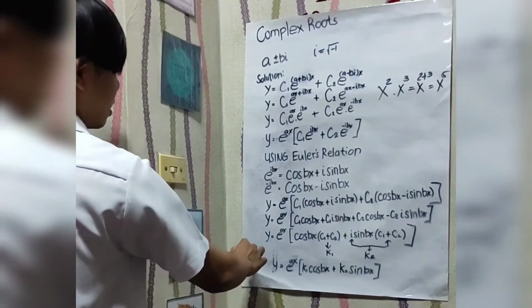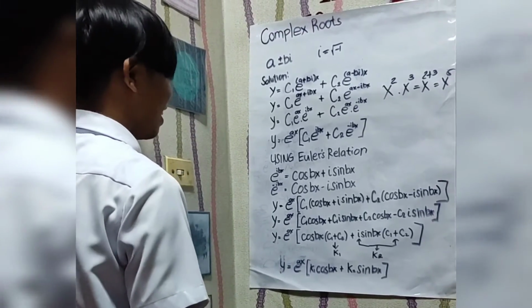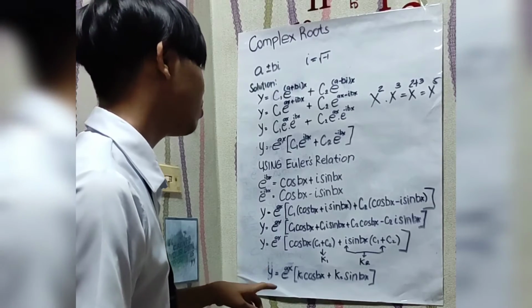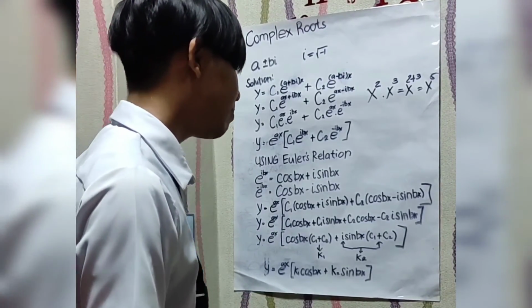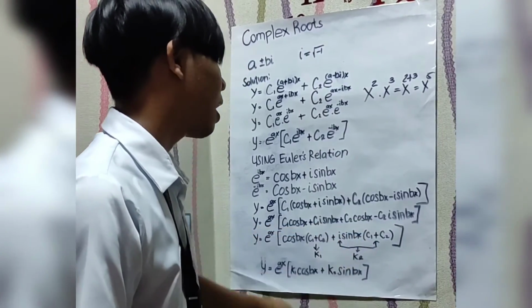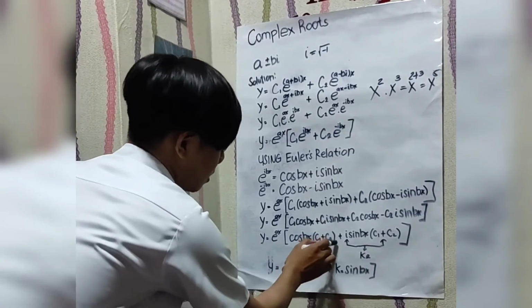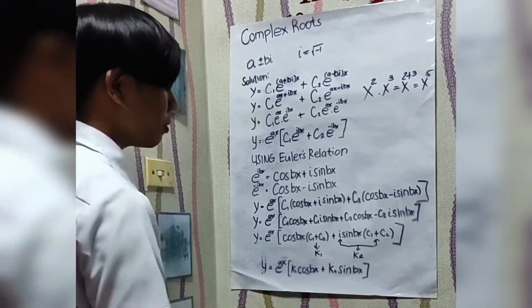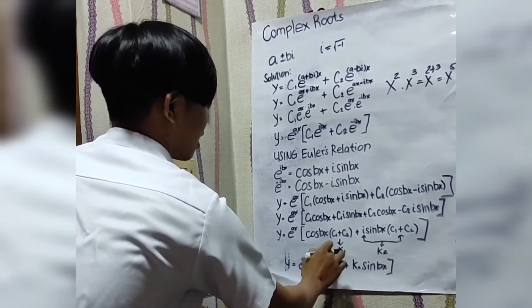So, ang naging resulta po is y is equals to e raised to ax quantity cosine bx times c1 plus c2 plus i sin bx times c1 plus c2. So, ito pong c1 plus c2 is constant po siya. Pwede po natin siyang i-represent as isang variable na lang na k.